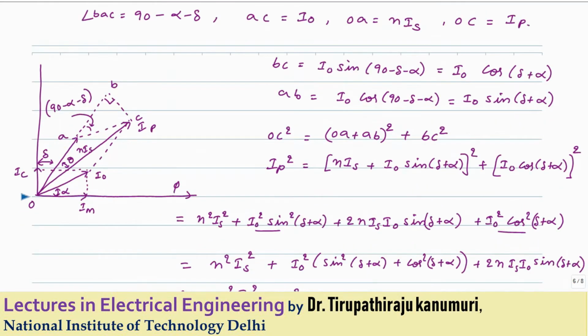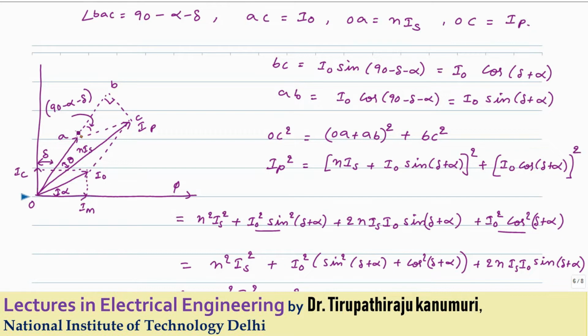In the primary side, whatever the curve is coming, I have represented here. Let us try to analyze some angles. Here OA indicates N times Is, and OC indicates the primary current Ip, which is the sum of N times Is plus I0, because I have drawn this I0 parallel here, or we can say the vector AC is equal to I0.